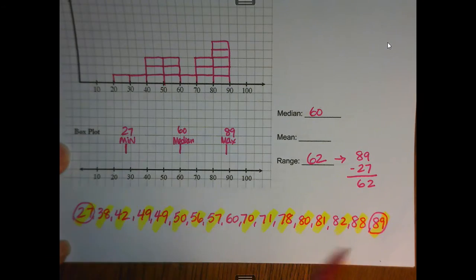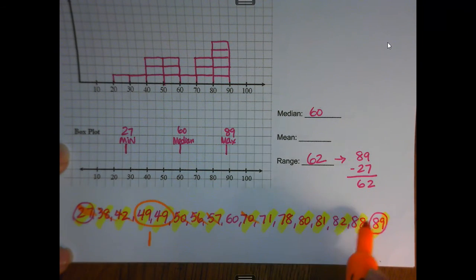And then we need to find our quartiles. To find our quartiles, we are going to count in. We have the number 49 down here for our first quartile, so I'm going to put number 1 down there. Then for the upper half, 1, 2, 3, 1, 2, 3, our median is right in between 80 and 81.